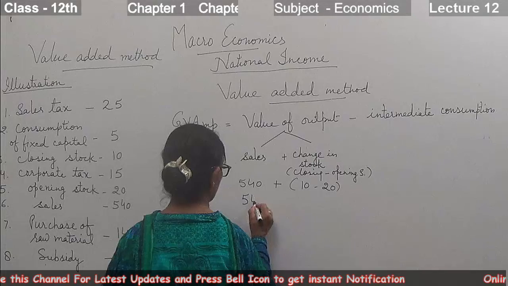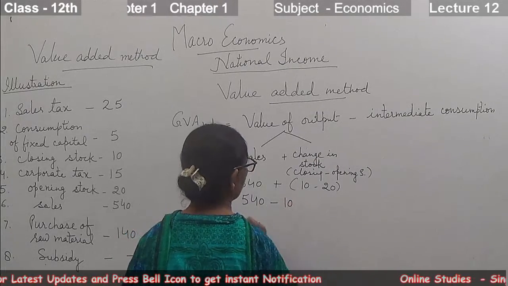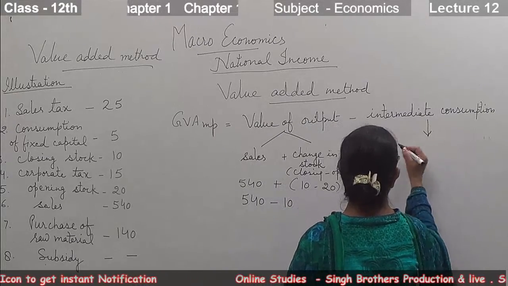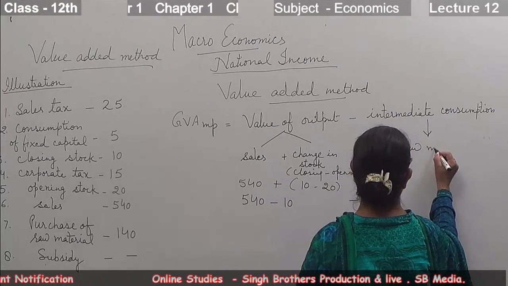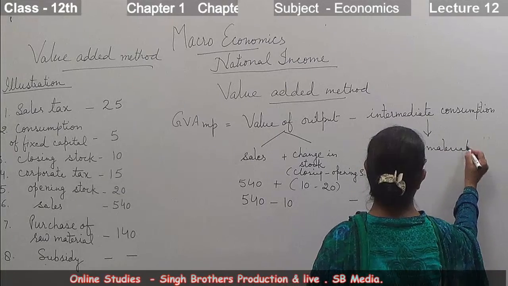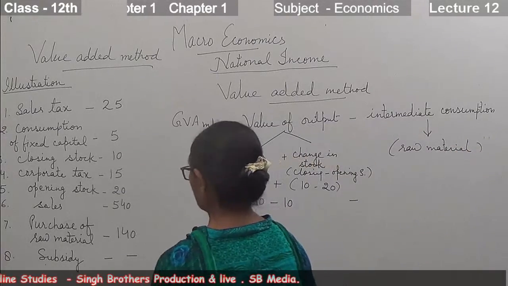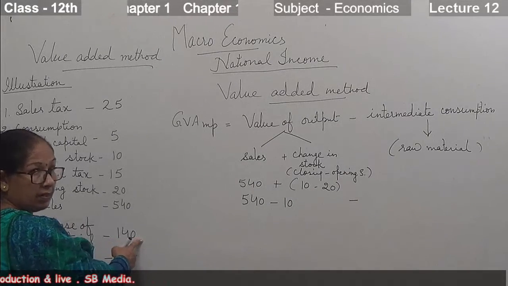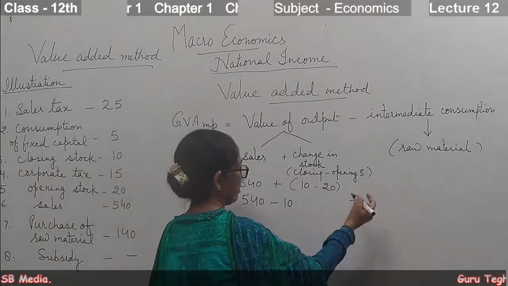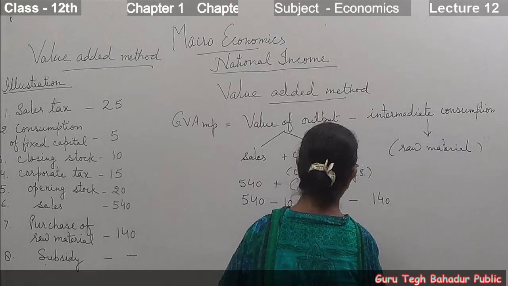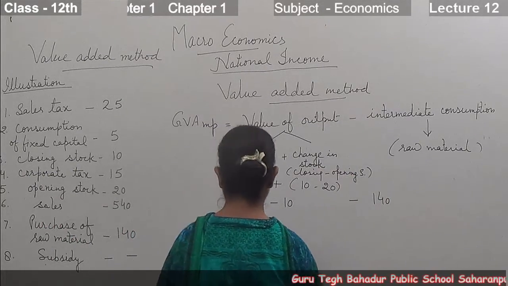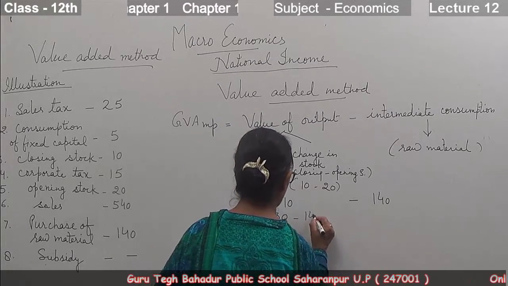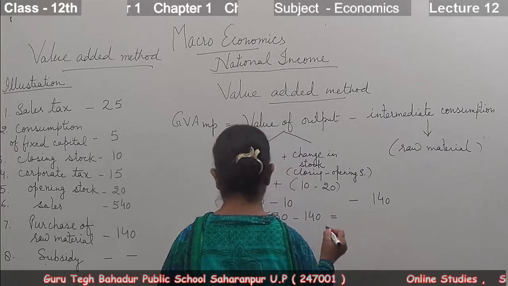So 540 minus 10 and minus intermediate consumption, that is raw material or inputs, purchase of raw material. At point 7 you can see the purchase of raw material is rupees 140. So we'll minus 140. Now we'll solve it. 530 minus 140 is equal to 390.